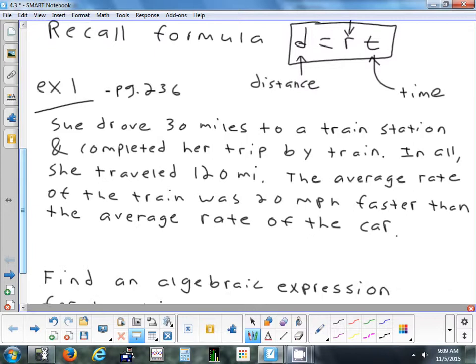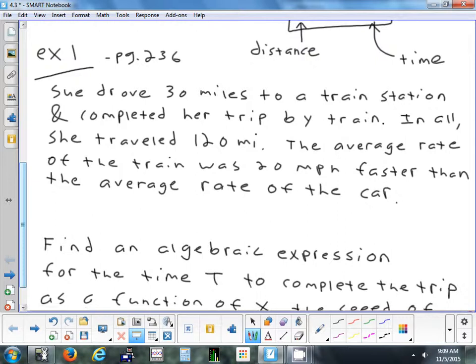So what they want us to find is an equation for the time it takes to complete the trip. All right, so she's got two modes of transportation here. One's the car, one's the train. So we're going to have to take the amount of time she spent in the car and the amount of time she spent in the train and do what with them? Add them up.